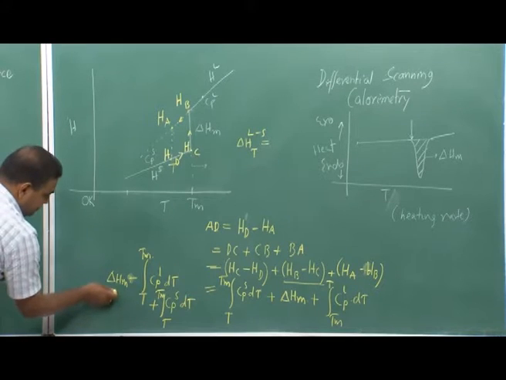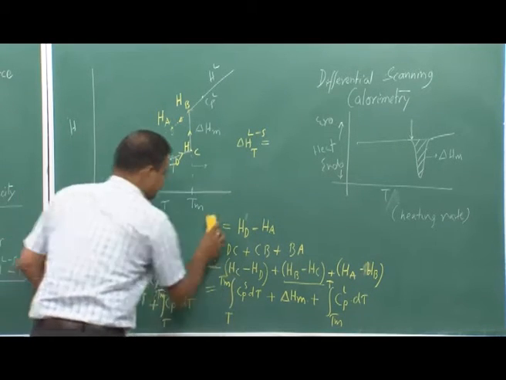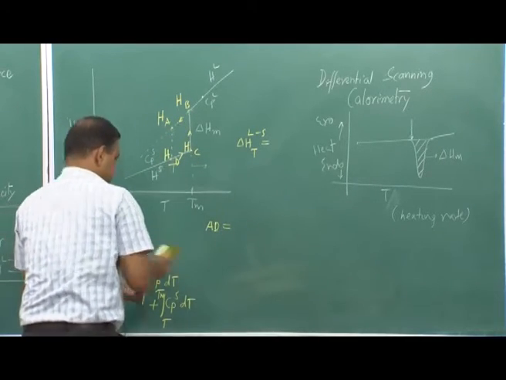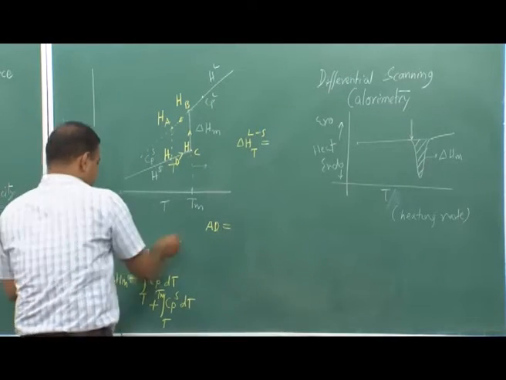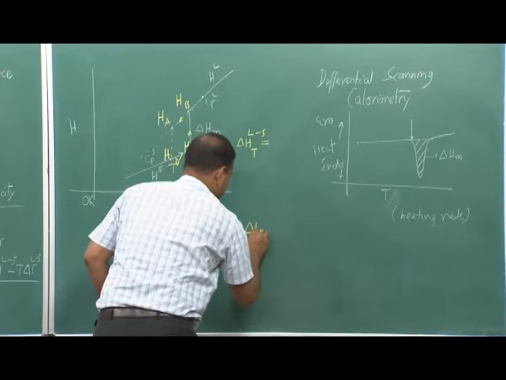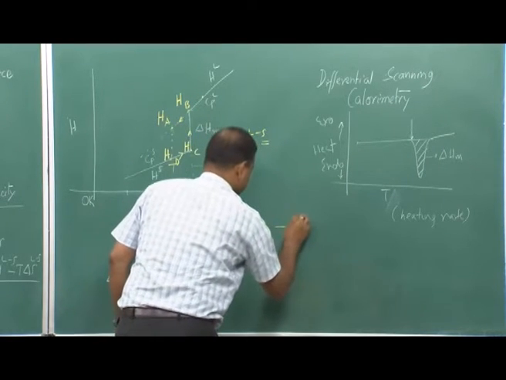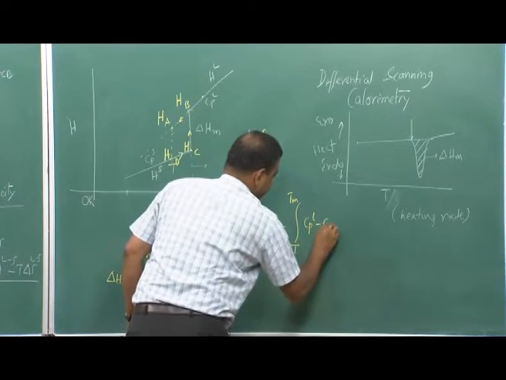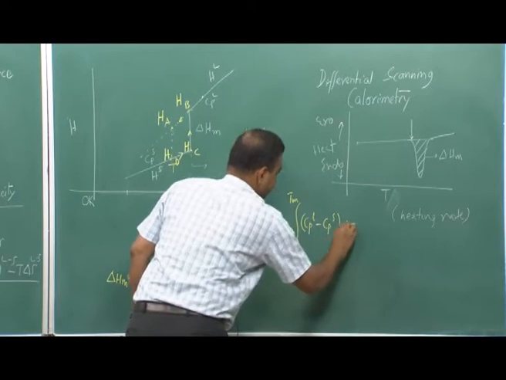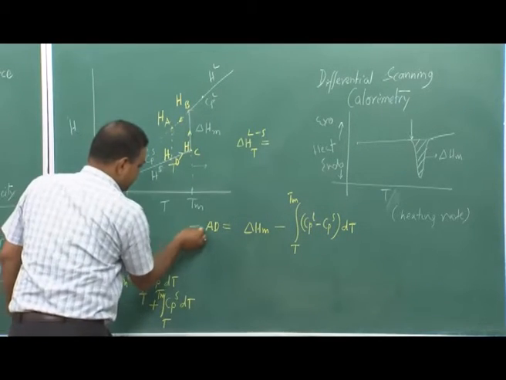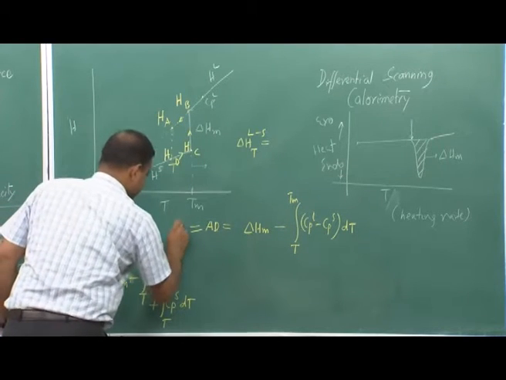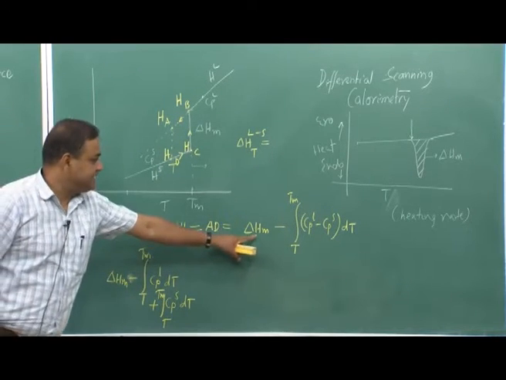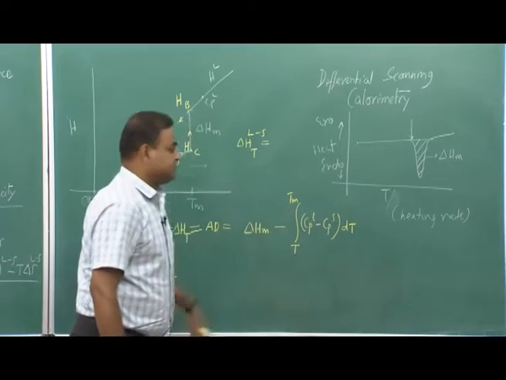Now, I just remove this part, then this becomes del H m minus the integral from T to Tm of Cp L minus Cp S dT, and if this difference is del H T, this becomes del H m minus the integral of (Cp L minus Cp S) dT.